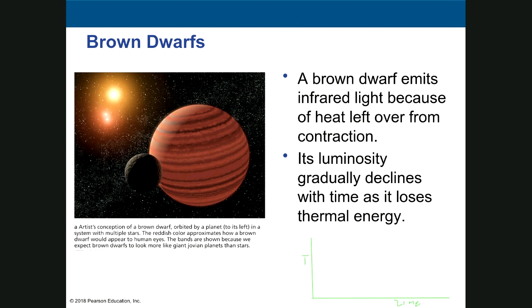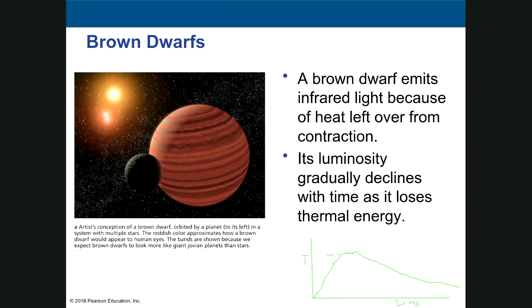As you collapse, your temperature goes up and up, but you don't have enough mass to start fusion. So you plateau, and then you radiate energy away very gradually through infrared and other things. I'm being a little dramatic here because I can't possibly draw it slowly enough. You start to lose temperature because your thermal energy gets lost.